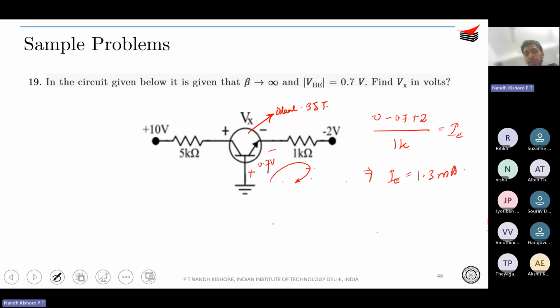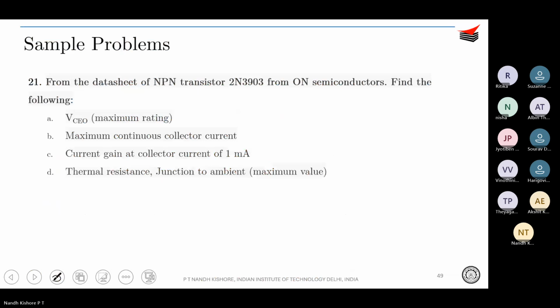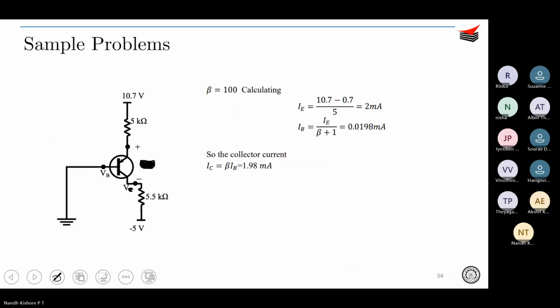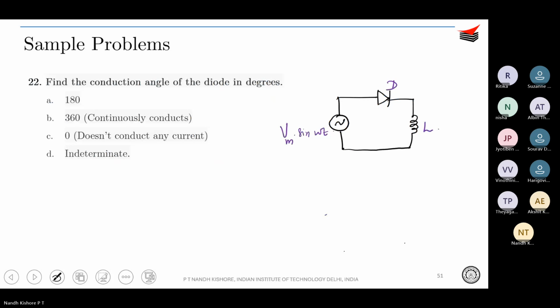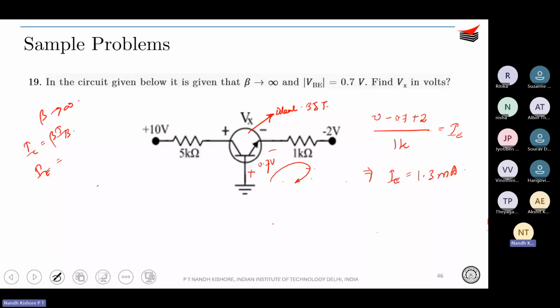Since it is given that beta tends to infinity, you of course know that IC equals beta times IB, or IE is equal to IC plus IB, right?